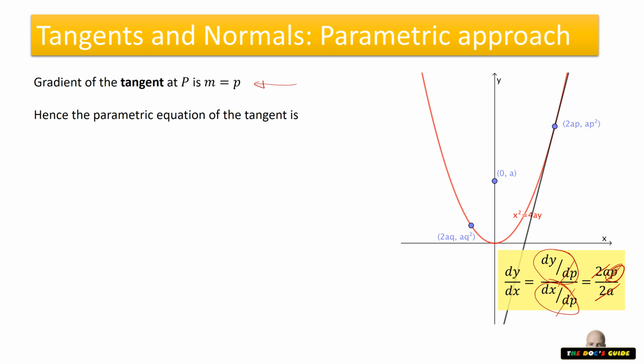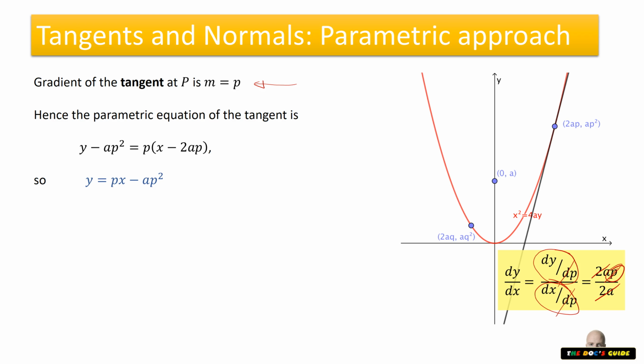So the parametric equation of the tangent: we're trying to get the equation of a straight line, so y minus y1 equals m outside of x minus x1, and you can see that if we multiply the p into the brackets, we'll have px minus 2ap squared, and we'll bring the ap squared from the other side.